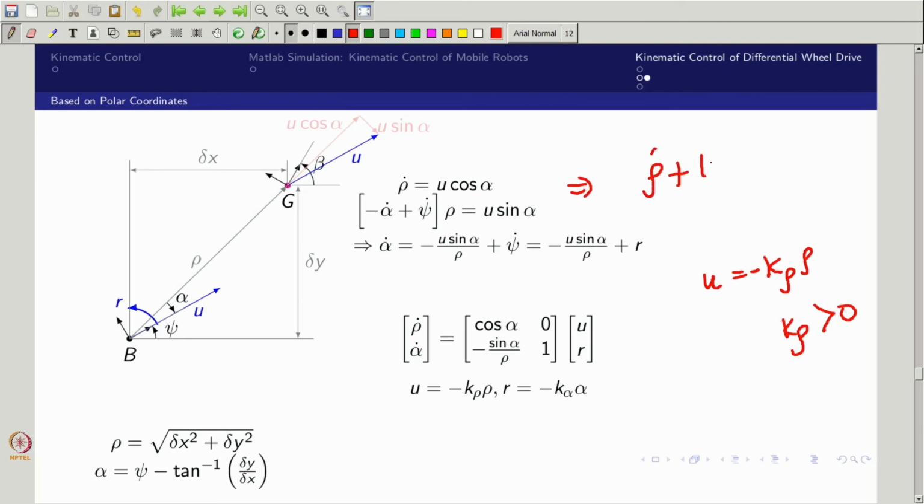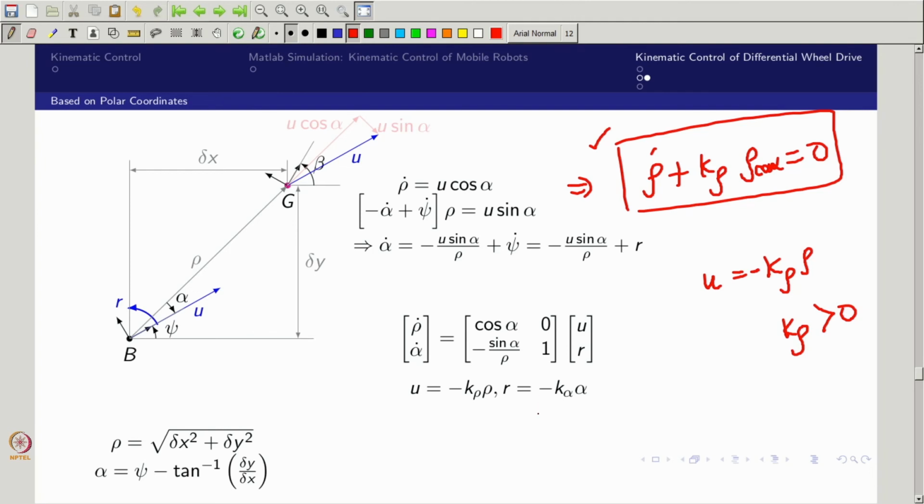Rho dot plus k rho into rho equal to 0, right? The only thing is a cos alpha residue will come, but that is not a problem, because cos alpha I can take as positive or negative according to the situation. So now we can see this error dynamics goes to 0, right?